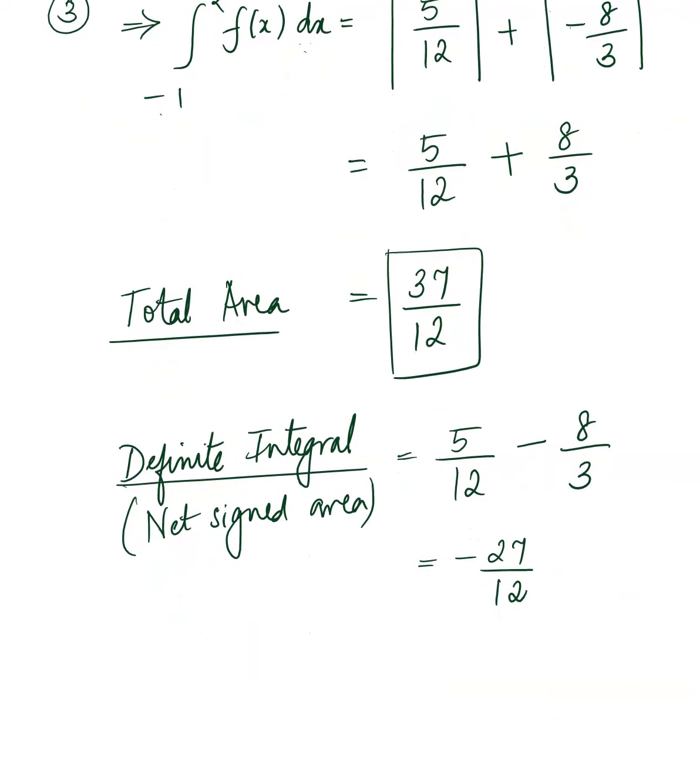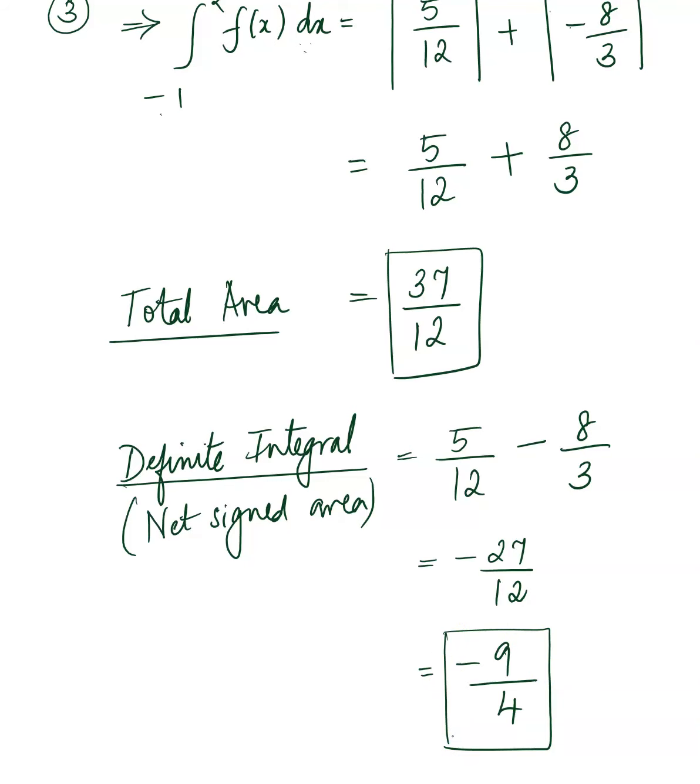Okay, and so you can then reduce that. It reduces by 3, isn't it? So negative 9 over 4. So you can see that it's totally a different answer. In fact, it's a negative answer. It's a net signed area. Area is coming out as negative. But that's understood in the context of net signed area. But for total area, you got 37 over 12. It's always going to be positive, the total area.